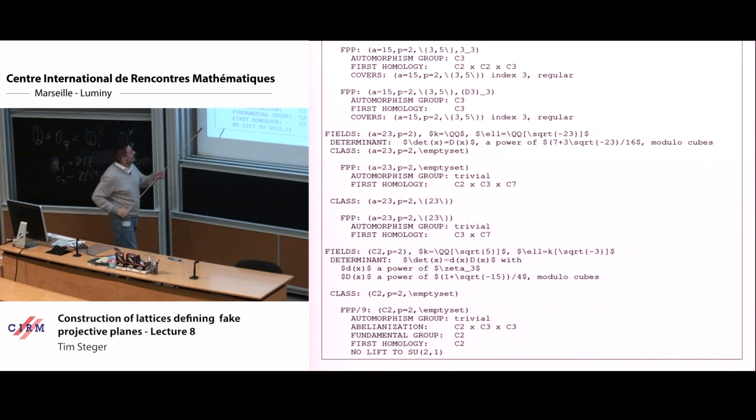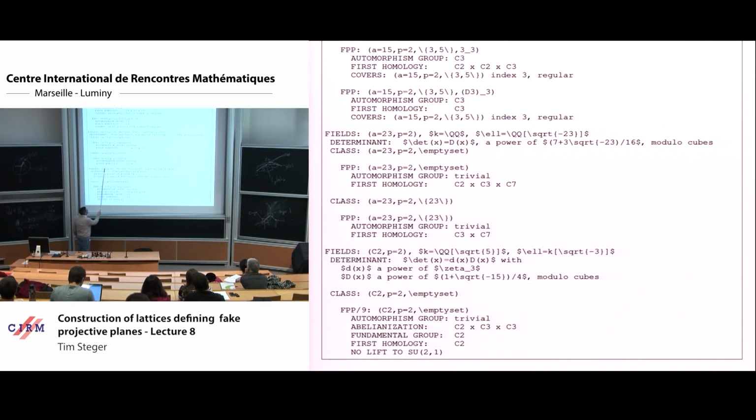But in the cases where the even K was of degree 2 over Q, instead of trying to list the numbers, we just used the notation that was on the list in Gopal and Saiki's paper, right? So in this case, K is the square root of 5, and to get L, you have to join the square root of minus 3. So that's totally real. This is totally complex.